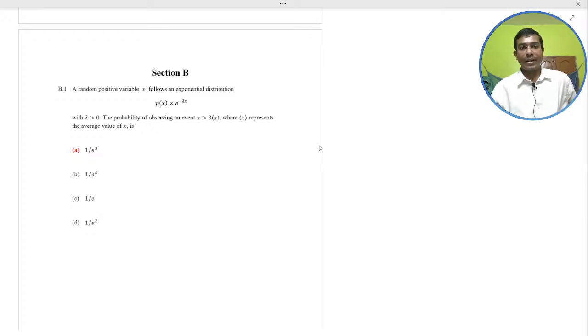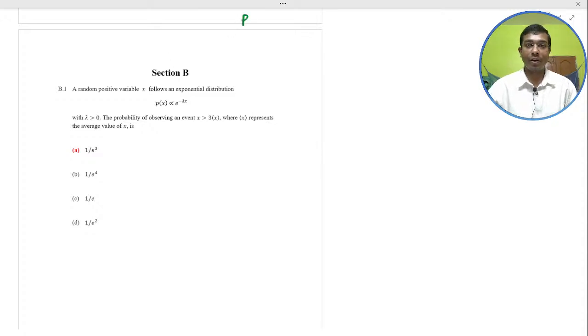A random positive variable x follows an exponential distribution p proportional to exponential minus lambda x with lambda greater than 0. The probability of observing an event x greater than 3 times the average expectation of x, where the average x represents the average value of x, is what? Mathematical physics, probability.